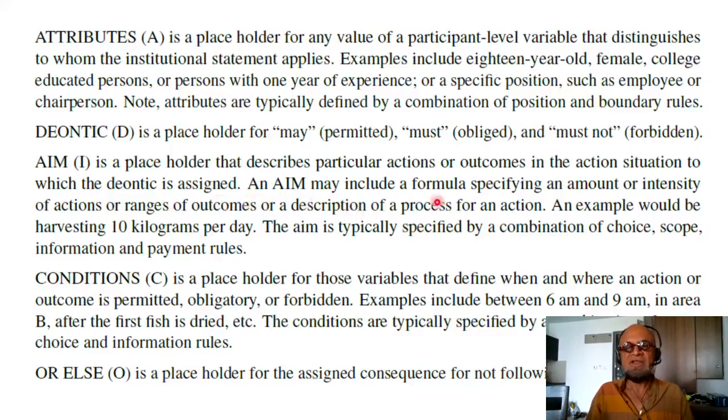An aim may include a formula specifying an amount or intensity of actions, or ranges of outcomes, or a description of a process for an action. An example would be harvesting 10 kilograms per day. The aim is typically specified by a combination of choice, scope, information, and payment rules.